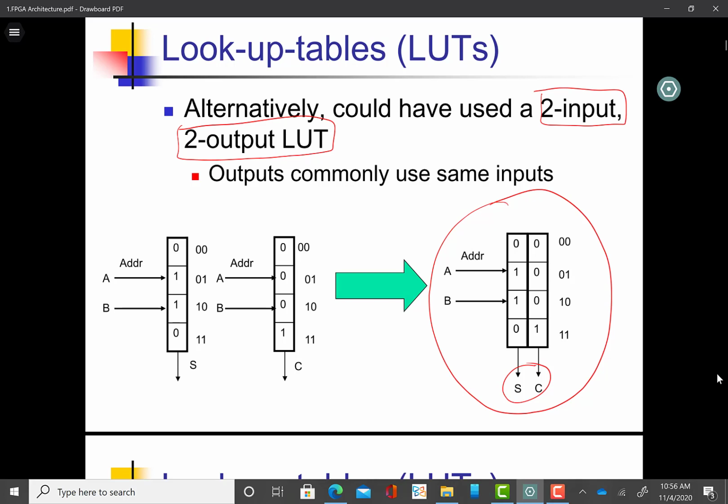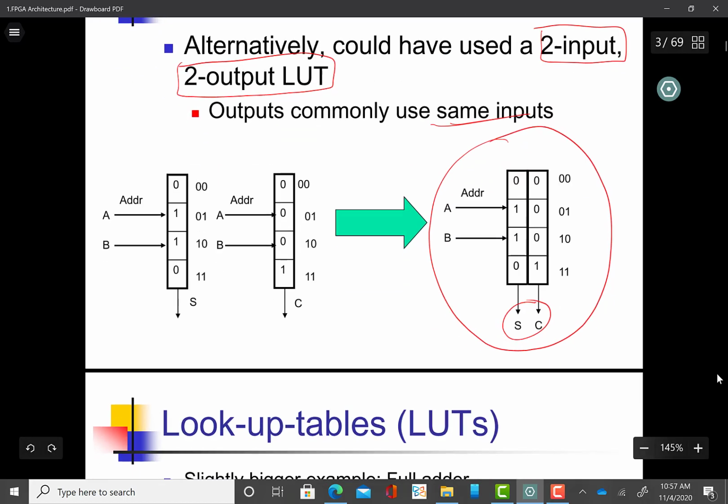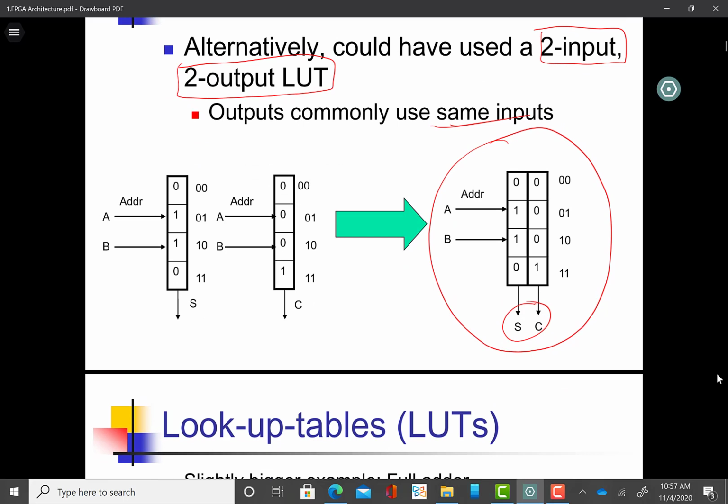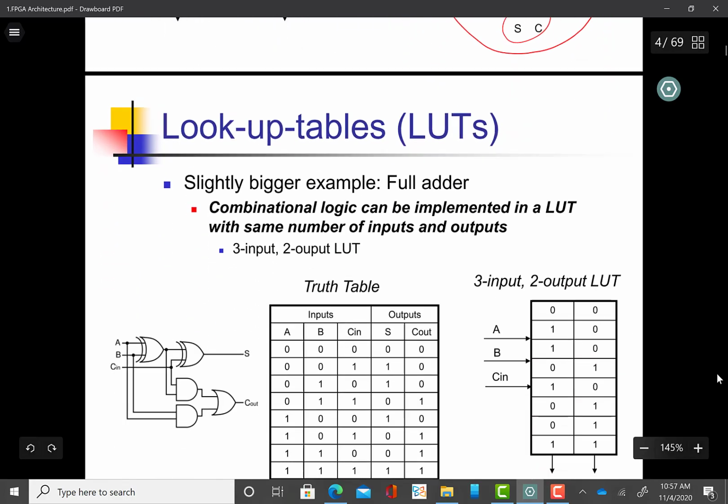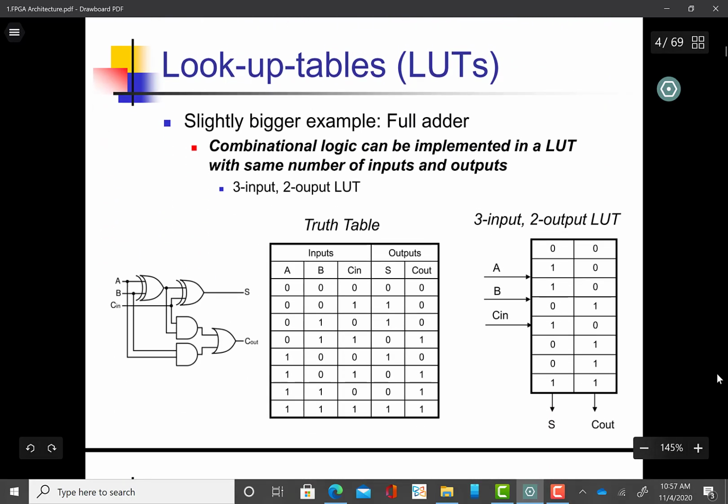The outputs commonly use the same inputs. This is the constraint. If the inputs are the same, then the 2 lookup tables can be merged and we can have a lookup table which has more than 1 output. This is also interesting, and this is widely used in commercial FPGAs. So in Xilinx FPGAs, we will see in the upcoming slides that they have 2 outputs.